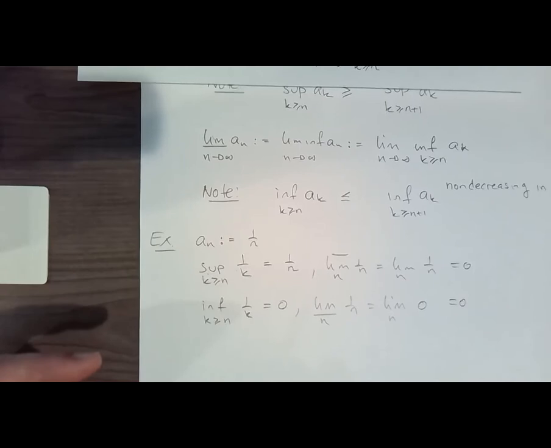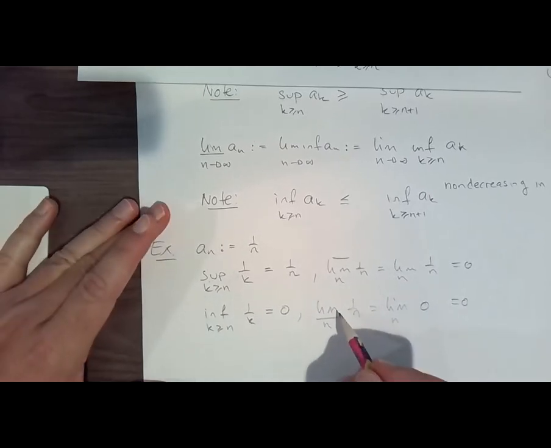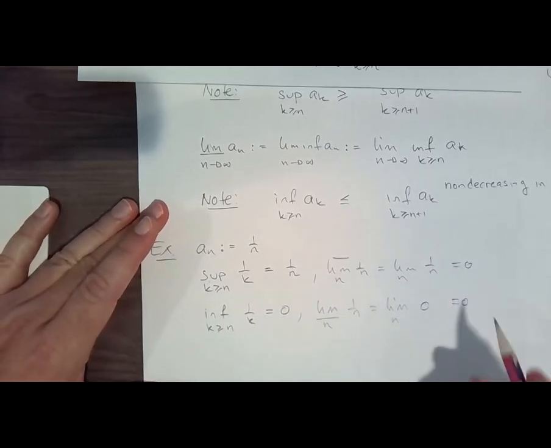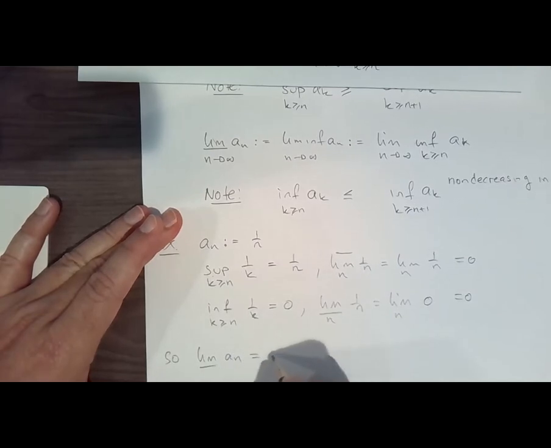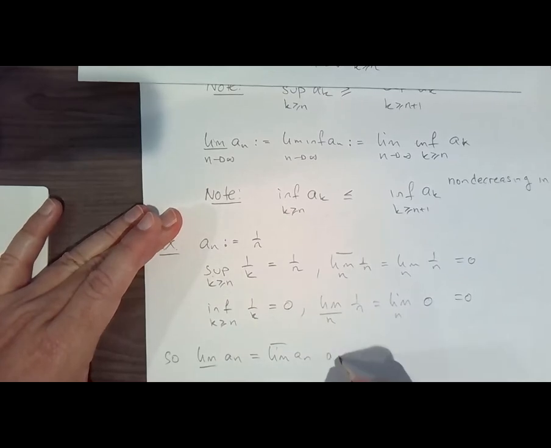So in this particular case, lim sup and lim inf, they coincide, they both equal 0. So lim inf of a_n in this case is the same thing as lim sup of a_n, and the limit exists.